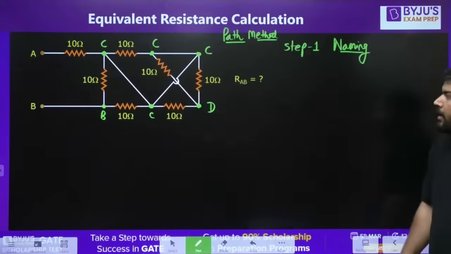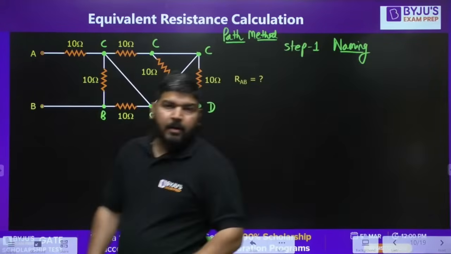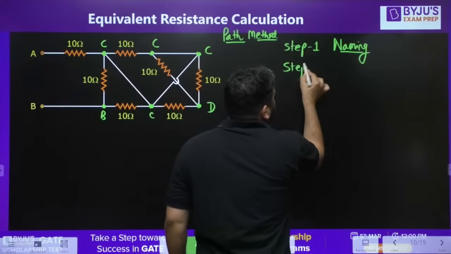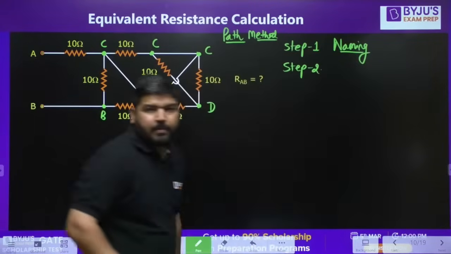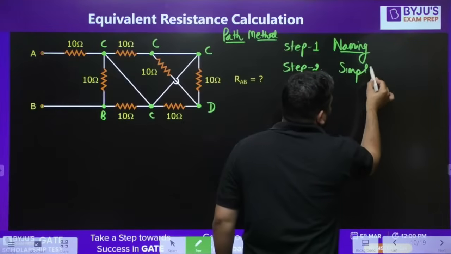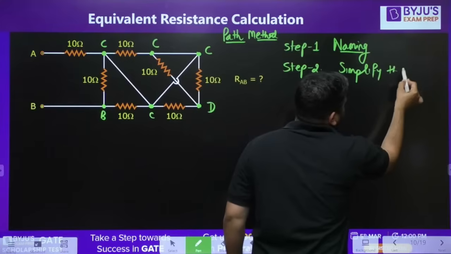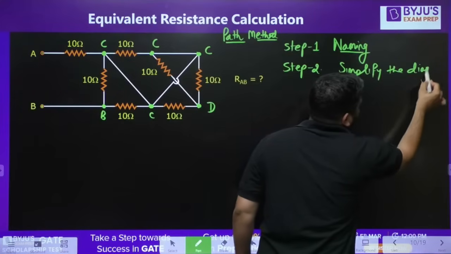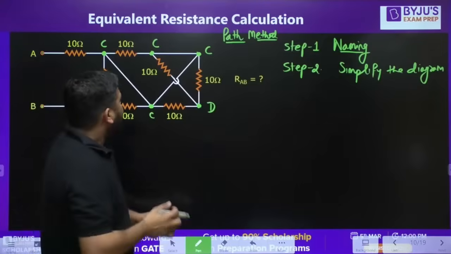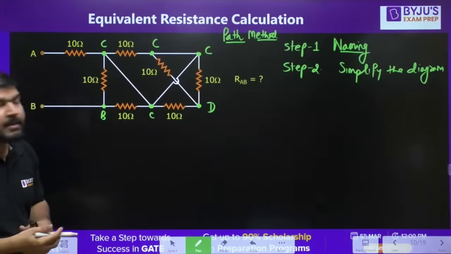Once you name these points, step number 2 is to modify and simplify the diagram. How to simplify it? It's very simple. First of all, you have to neglect some resistances.